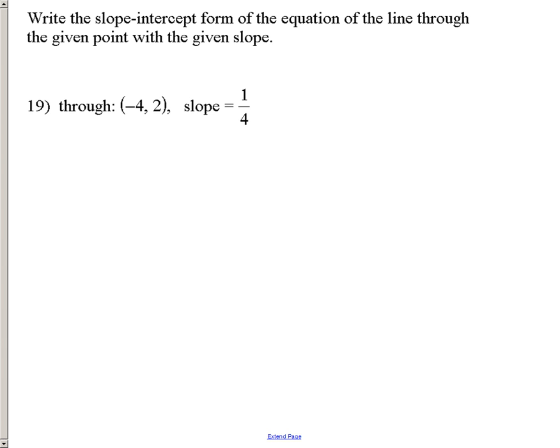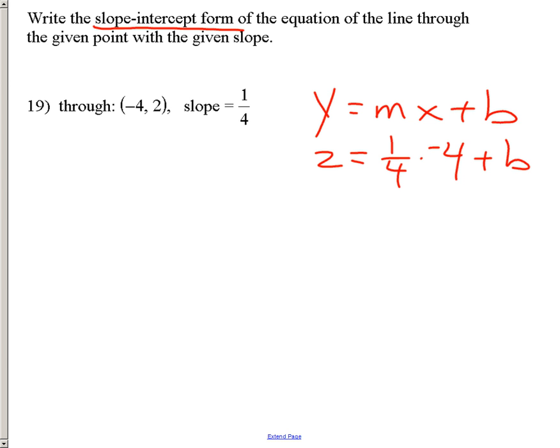Number 19, write the slope-intercept form, y equals mx plus b. And I know a lot of you would probably just work in slope-intercept form here. For instance, you would say y is 2 when the slope is 1/4 times x is negative 4 plus b, solve for b, and there's nothing wrong with that. However, if I'm given a point and a slope, I just start in point-slope form.